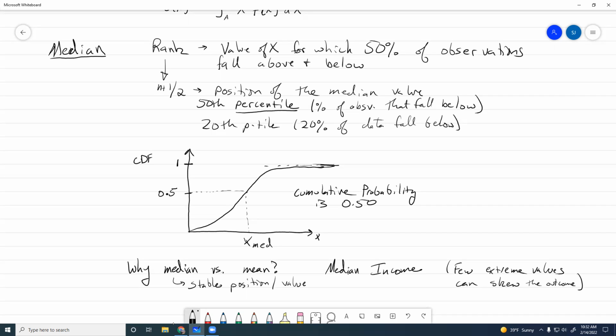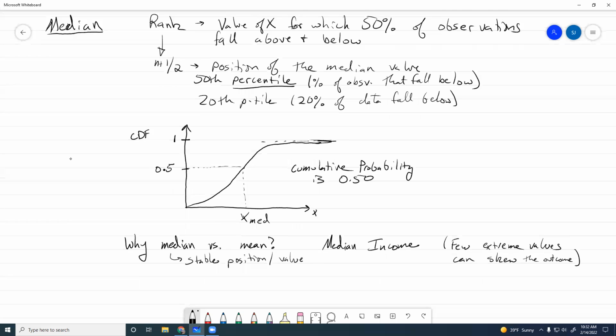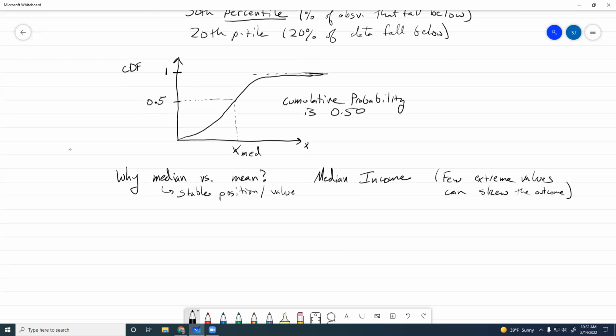So another example is median home values. Similar thing, right? In Grand Junction, I don't know what the number is now, but I looked this up in 2020 and the median home value was 260,000. But the mean home value, do you think it was bigger or smaller?